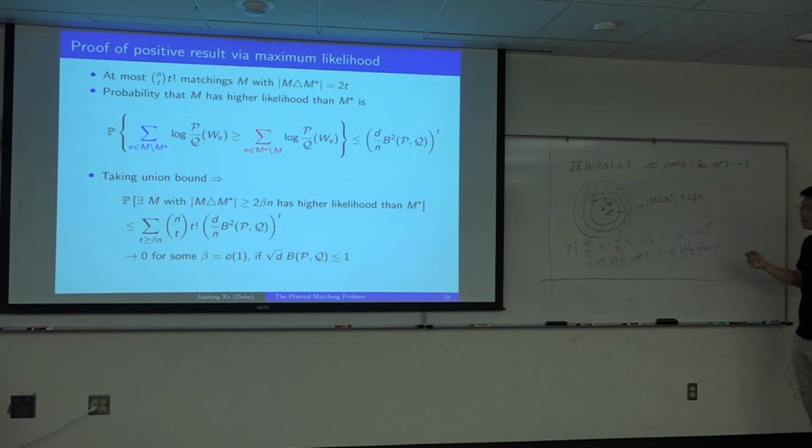This should be small because the xi have a positive mean and the yi have a negative mean. So that's why you would expect this probability to be small. You can ask how small it is. Then this is given by the Bhattacharyya coefficient to the power of 2t. How to get that? Just plug in the Chernoff bound, optimize the tuning parameter, and you will get this. Yeah. Does it make sense?